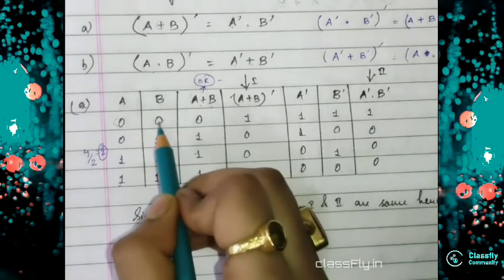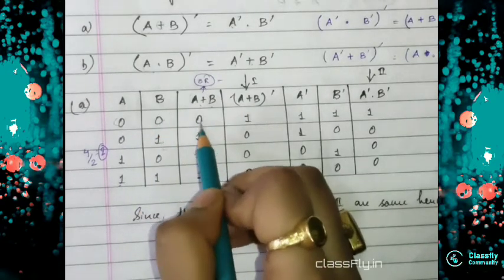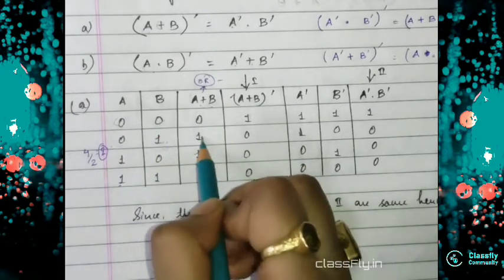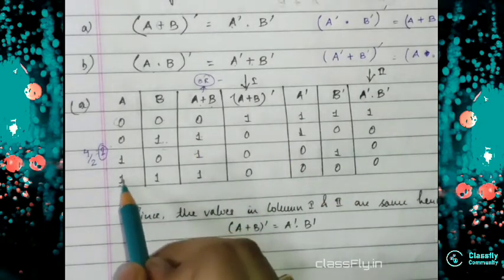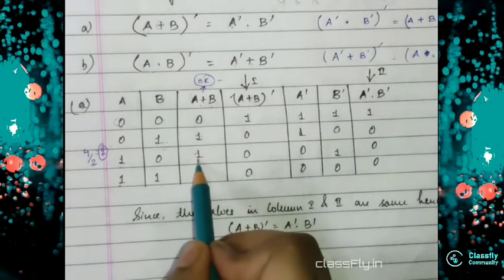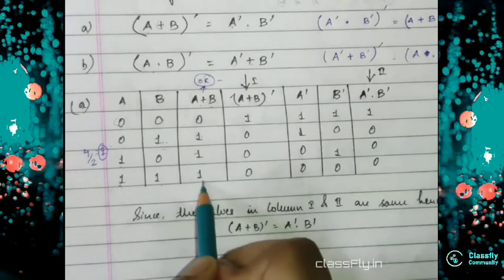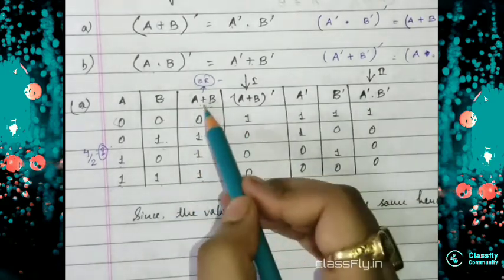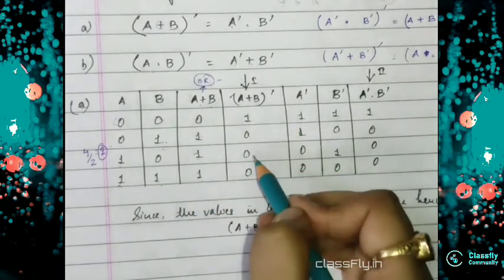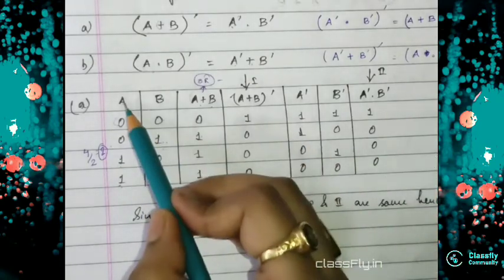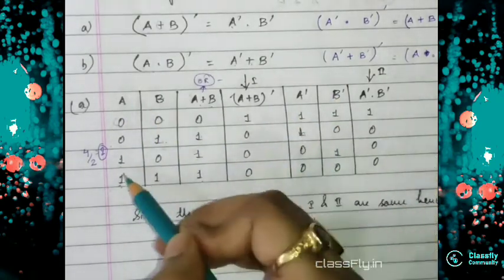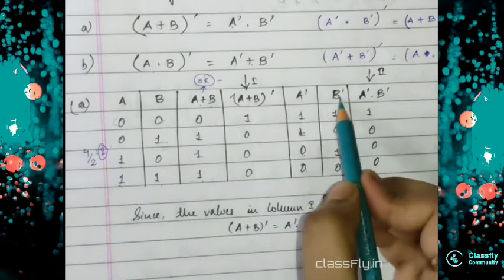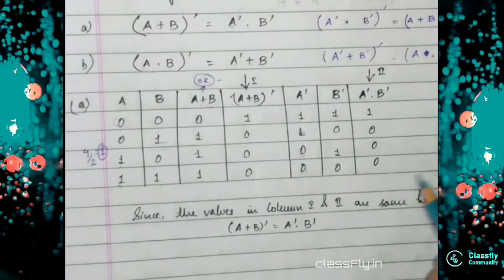So 0 or 0 is 0, 0 or 1 is 1, 1 or 0 is 1, 1 or 1 is also 1. When I complement this column, I get 1 0 0 0. When I complement a, I get 1 1 0 0. When I complement b, I get 1 0 1 0.